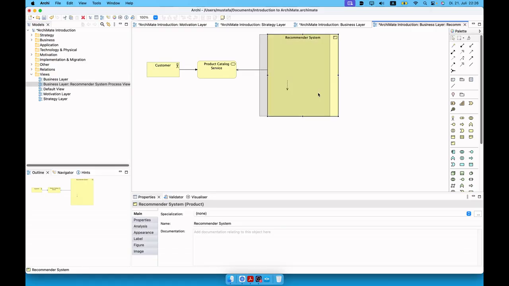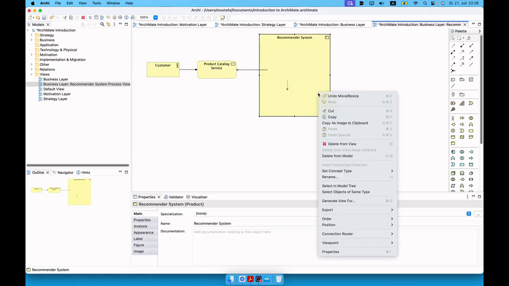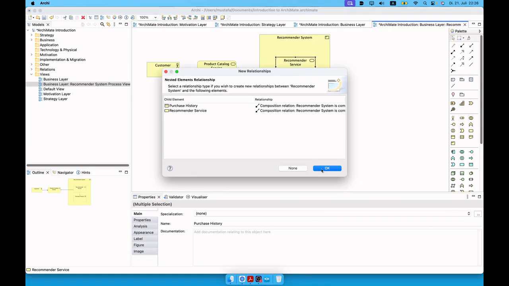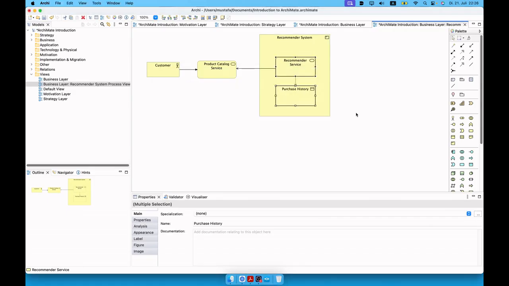This is the recommender system product. This is the wrapper for our system. And now this would be the composition relationship. So the recommender system product is composed of the recommender service and the purchase history.